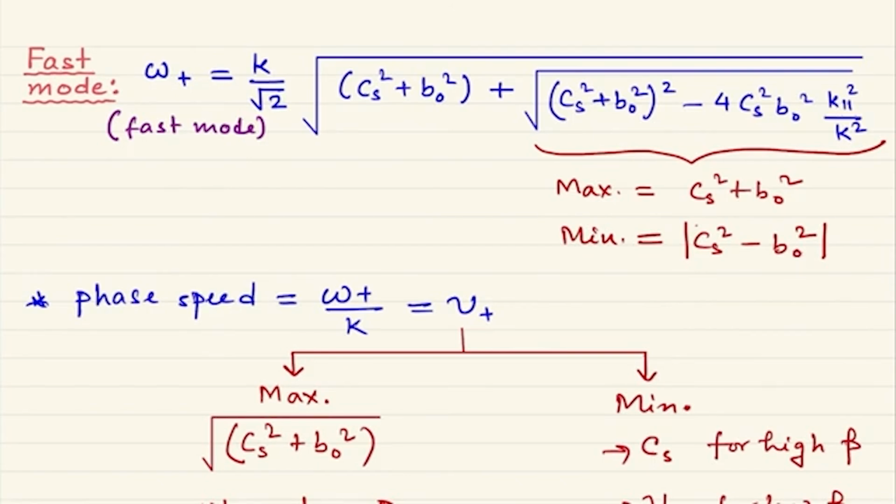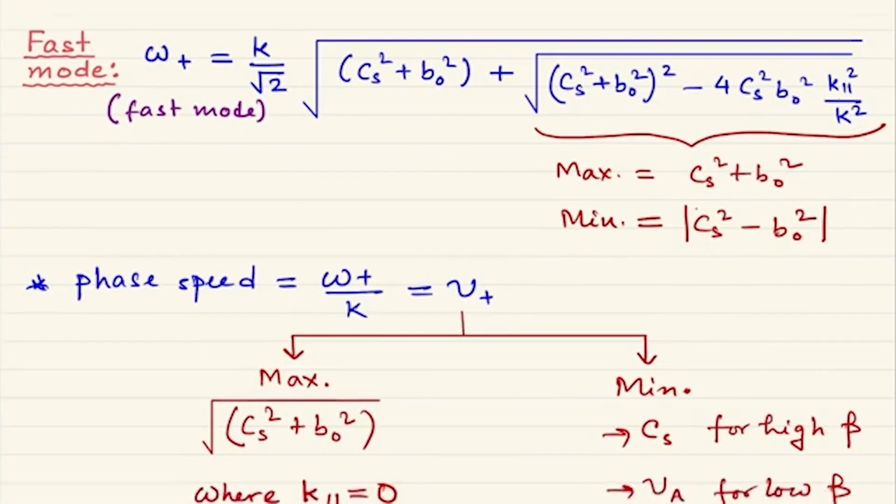And if we are considering the case of a low beta, then this will simply be B0 square minus CS square.